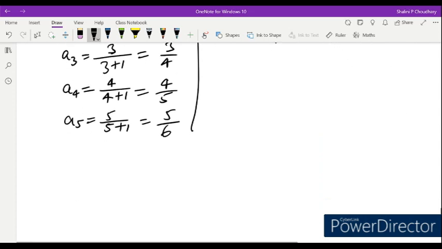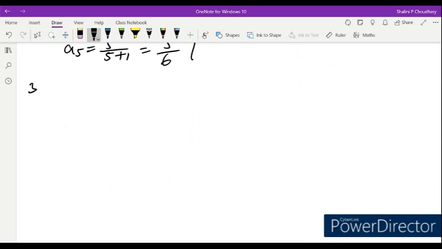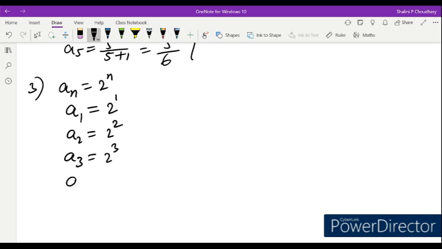Okay, now similarly we have to do question number 3. The nth term is given by 2 to the power n. So we have to find out the first 5 terms. So a1 will be equal to 2 to the power 1, a2 will be equal to 2 to the power 2, a3 will be equal to 2 to the power 3, a4 will be equal to 2 to the power 4, a5 will be equal to 2 to the power 5.